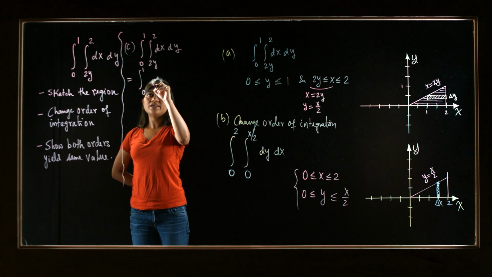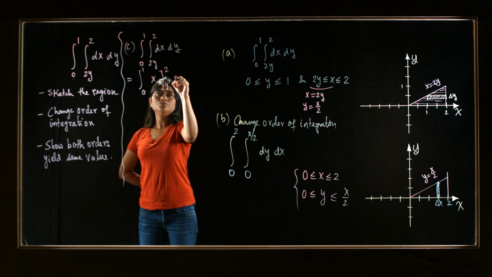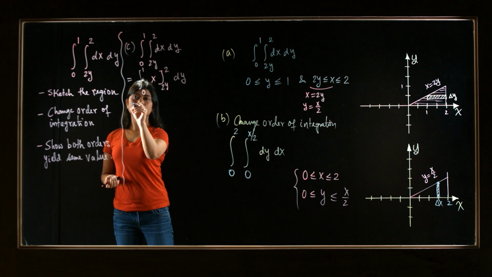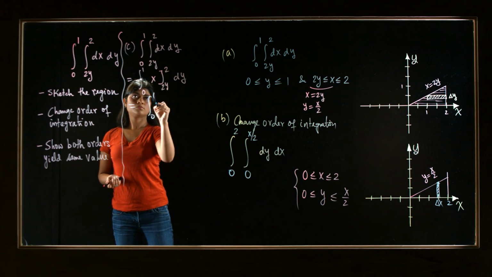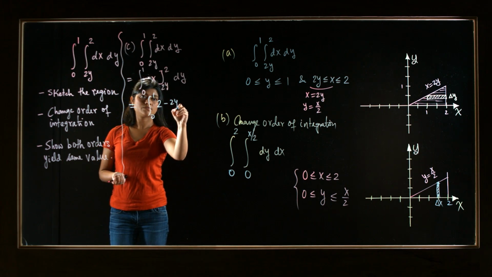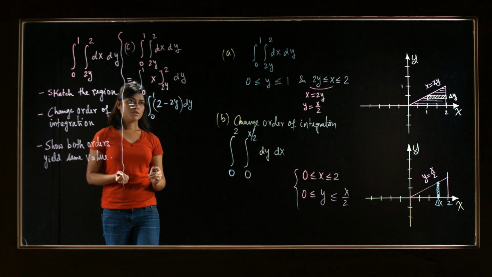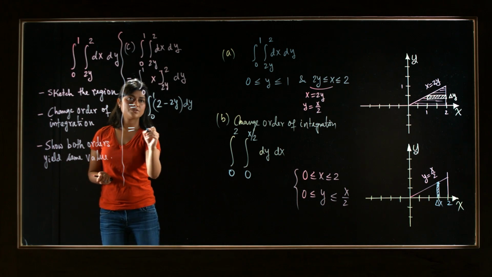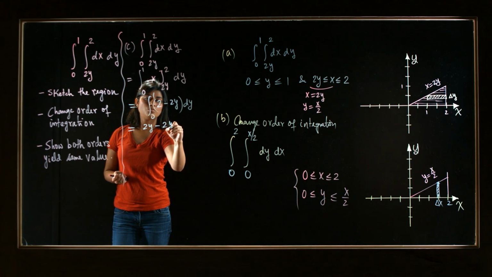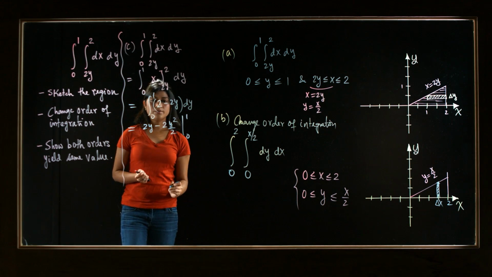Integral of dx is just x, and then we evaluate from 2y to 2. So this is equal to plug in 2 for x minus plug in 2y for x, dy. And then the antiderivative will be 2y minus 2y squared over 2, and then you plug in 0 and 1.